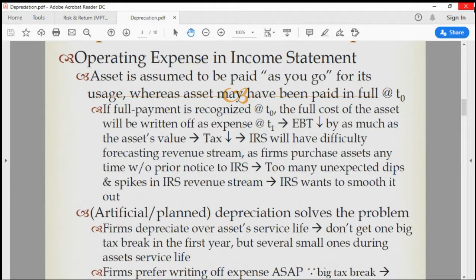Okay? If you give me a correct answer, I will consider an extra point. All right? Okay.